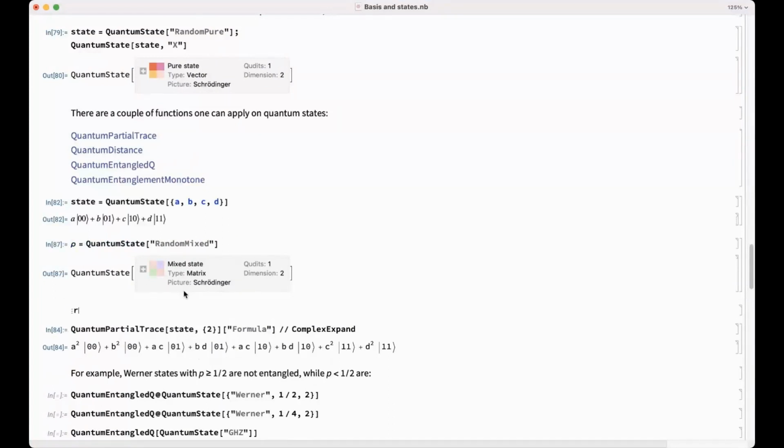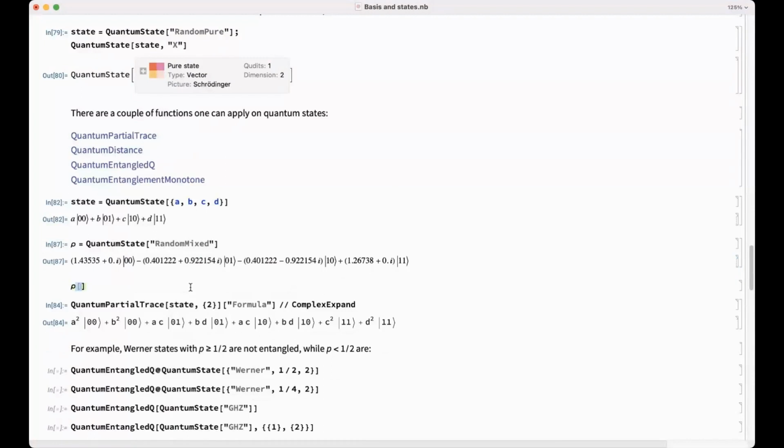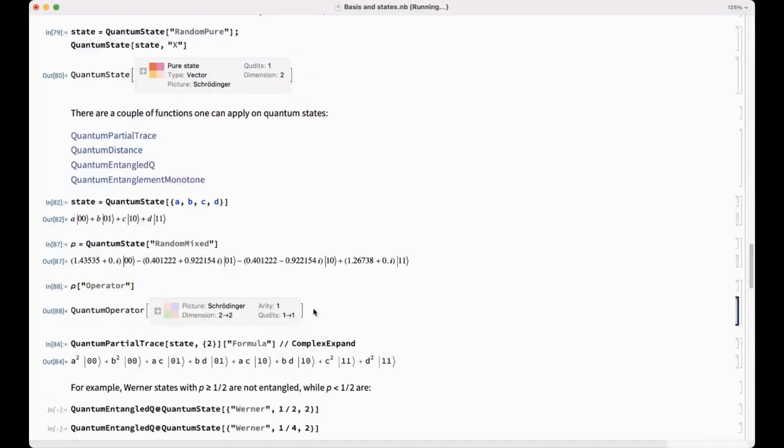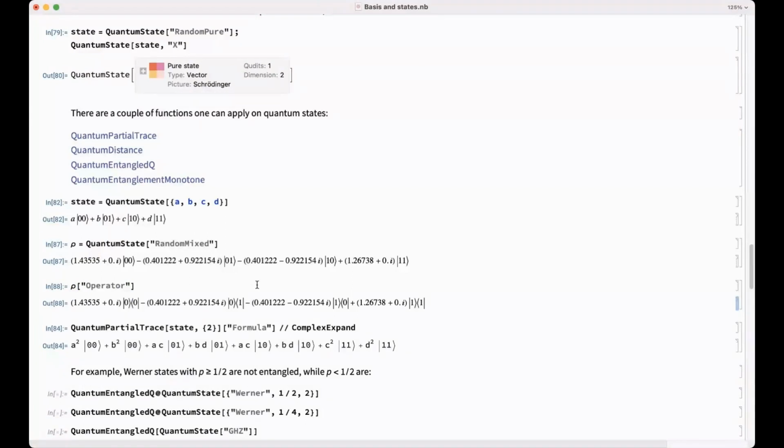And you usually prefer to see it in a bra-ket notation, not in this notation with a double ket. So you actually prefer to see your density matrix mixed state as an operator.